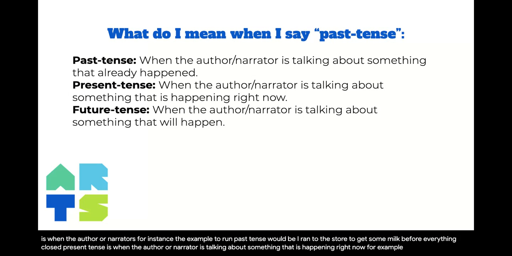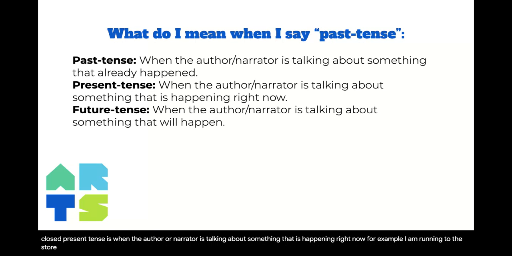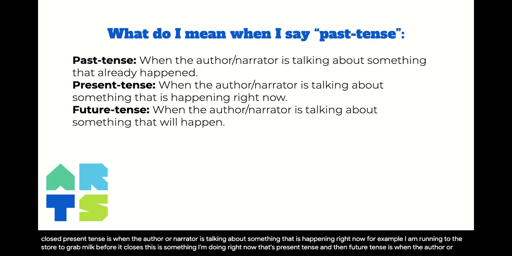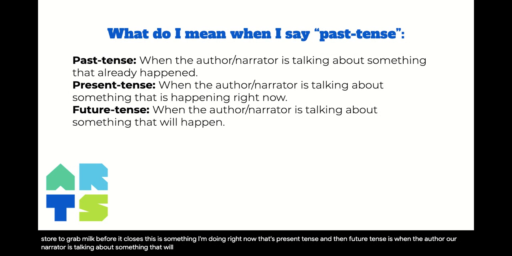For example, I am running to the store to grab milk before it closes. This is something I'm doing right now. That's present tense. And then future tense is when the author or narrator is talking about something that will happen. I plan to run to the store tomorrow to get some milk before the stores close.